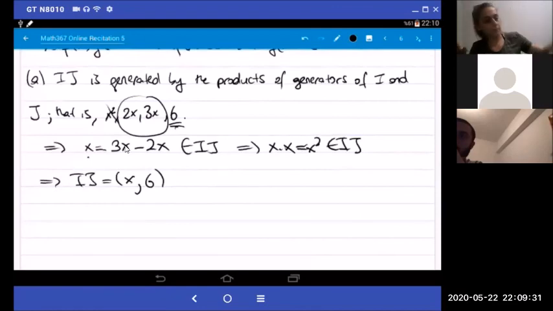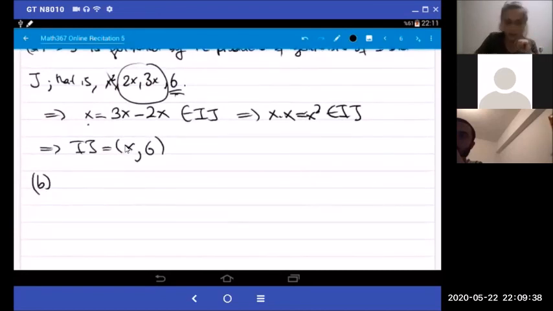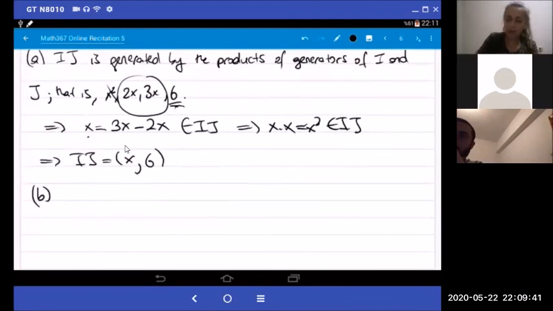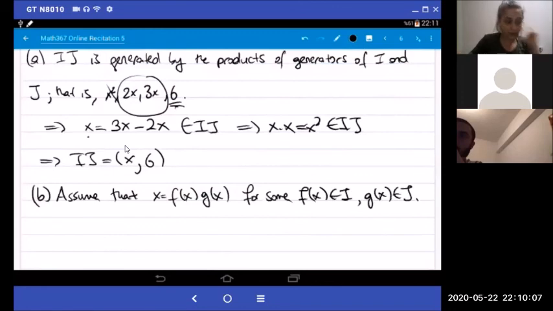Okay. Now for the second part, let us assume that we can write x as a product of an element from I and an element from J. Assume that x is equal to f(x) times g(x) for some f(x) from I and g(x) from J. Okay?